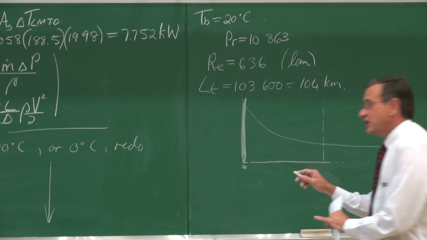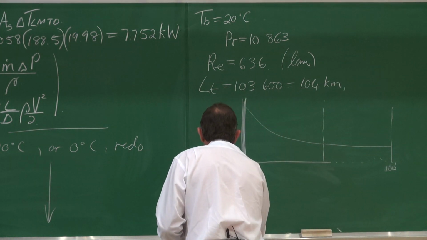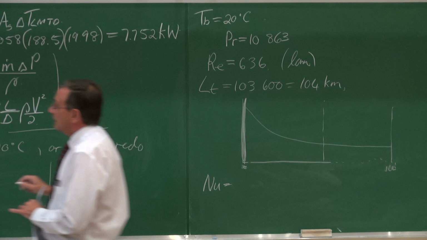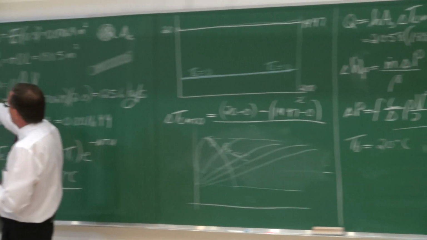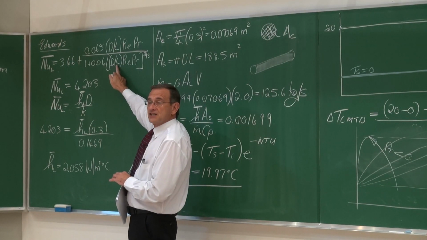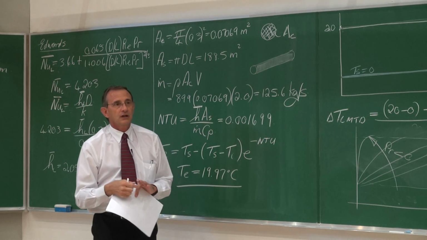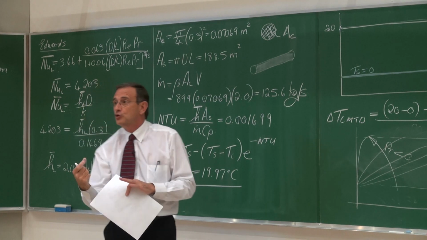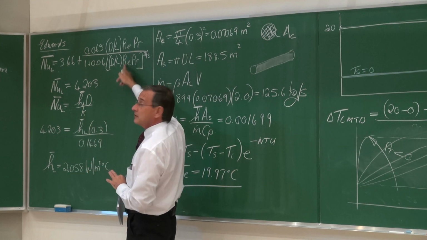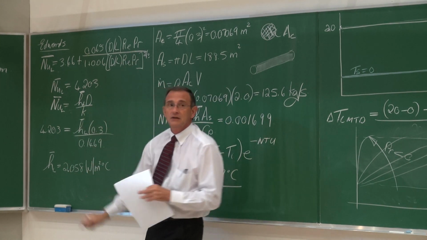Right, if we go and do the Edwards equation now, again, let's come back to the Edwards equation. There it is. It gives us the Nusselt number over the total length. Our length again is 200 meters, but our Prandtl number is now totally different.